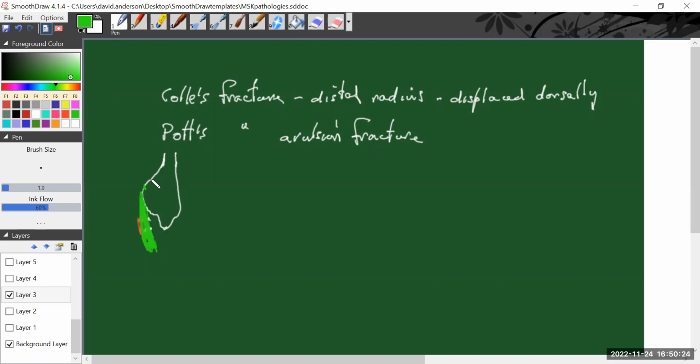But what happens is the bone separates from the force of the ligament pulling on it. So now what you've got is what they call an avulsion fracture. In the avulsion fracture, the ligament actually pulled a piece of the bone away from the ankle.